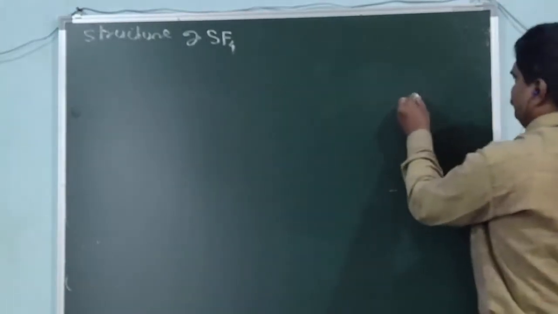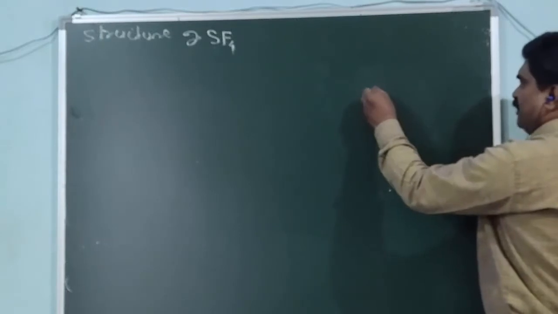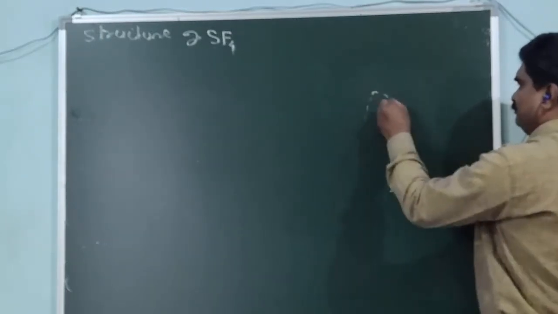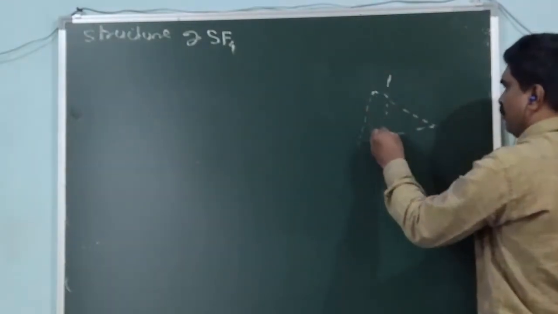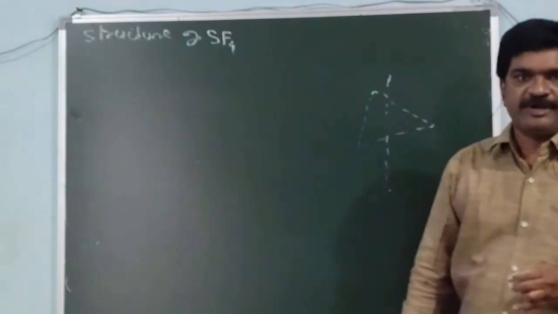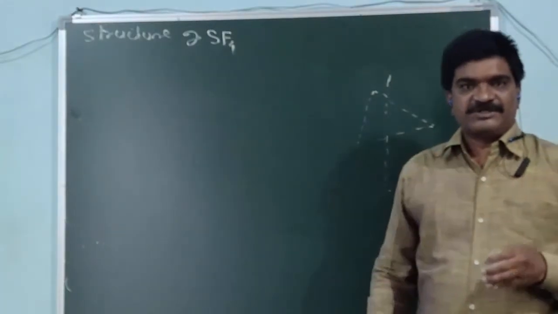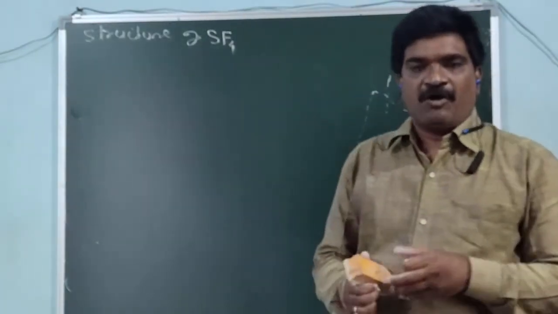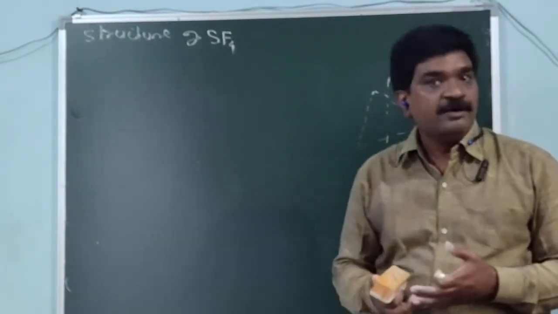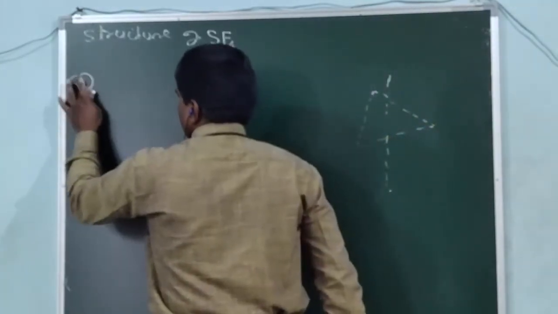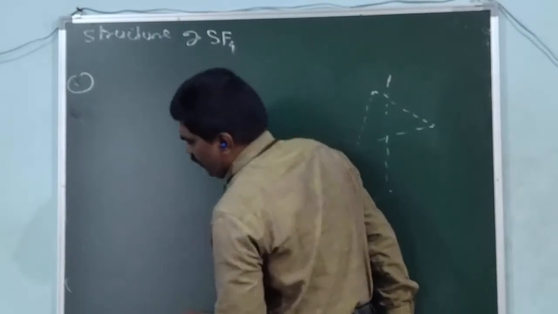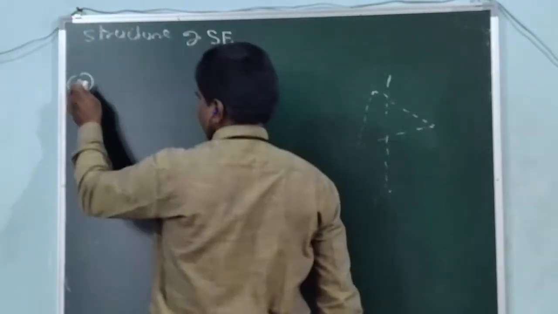So let's draw the structure, the trigonal bipyramidal structure, like this. Suppose there is a triangle, so this would be the parent geometry, but still we don't know how many bond pairs and lone pairs there are. Now let us try to calculate the number of bond pairs and lone pairs.